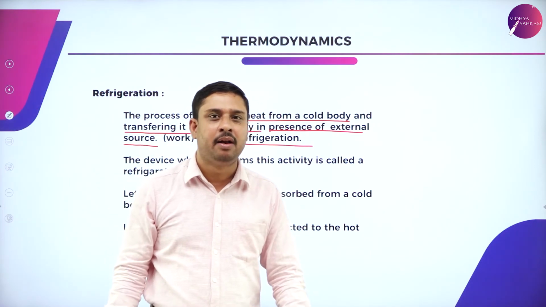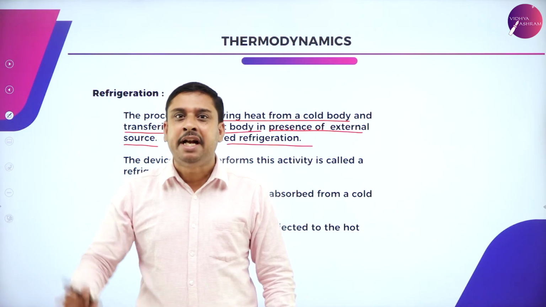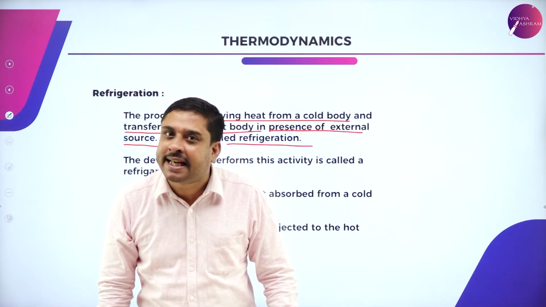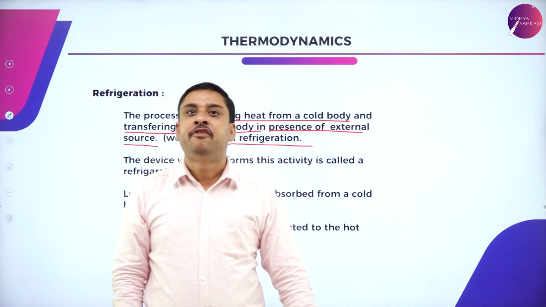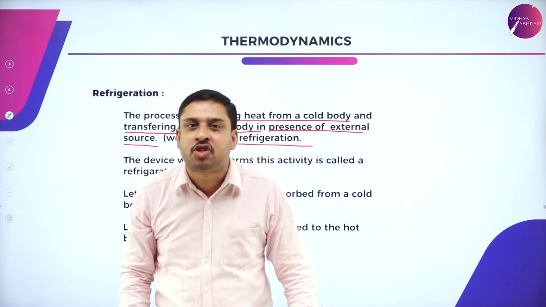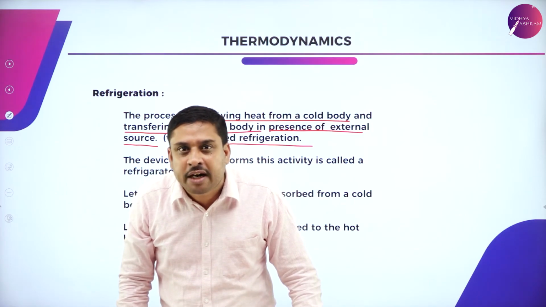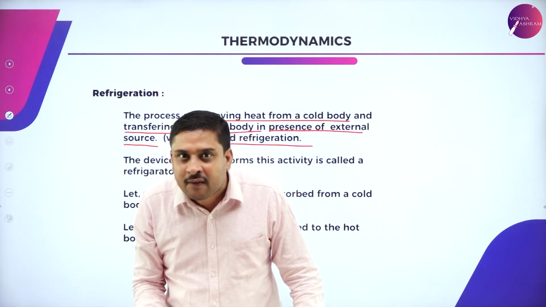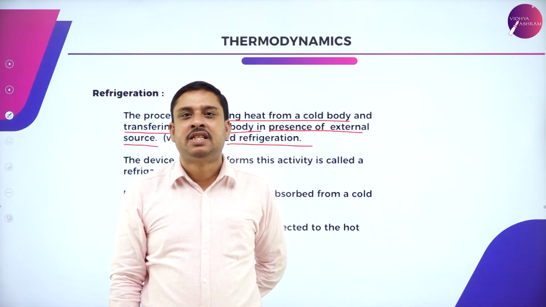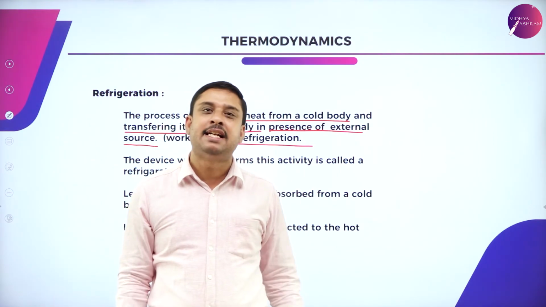For example, you have the sump at home and you have the overhead tank. Usually what have we learnt? Water flows from higher potential to lower potential. But what happens here? I lift water from the sump, which is the lower potential, to the overhead tank, which is the higher potential, using a pump. The pump is the external source.